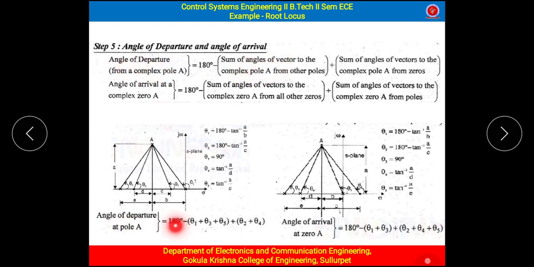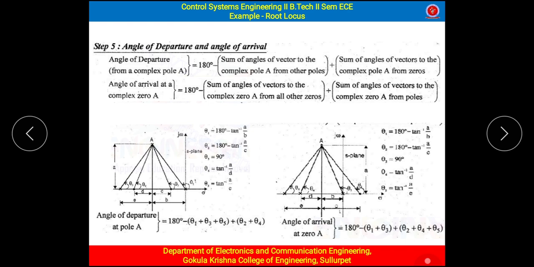Angle of departure is 180 minus angles associated with poles, so theta 1, theta 3, and theta 5 we have written here, plus angles associated with zeros. There are 2 zeros, so theta 2 and theta 4. So this is the angle of departure.